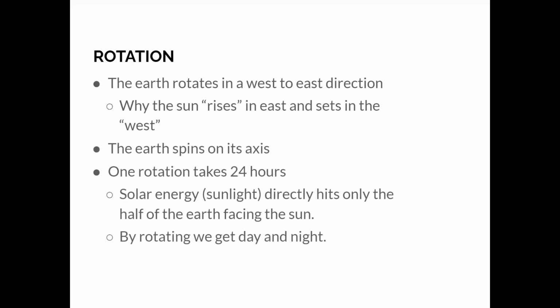Again, solar energy directly hits only half the Earth that's facing the sun. The other half, it's nighttime, which is why we get day and night. Earth is spinning on its axis. One spin, 24 hours.